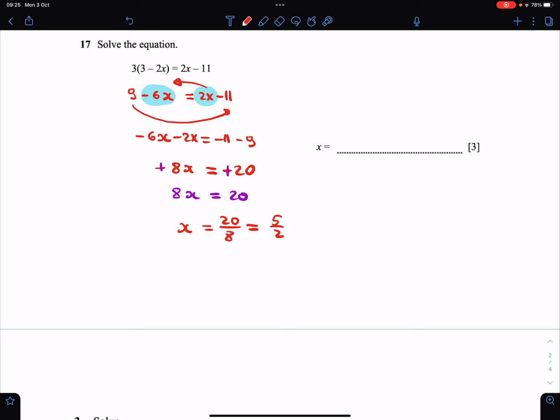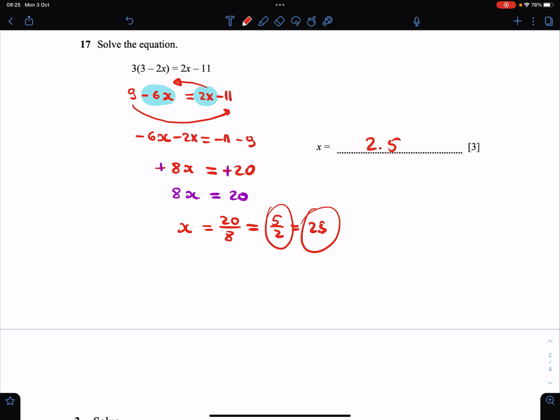So 5 over 2, I can leave as this one or convert it to a mixed number, because I also know what 5 over 2 is as a decimal. Half of 5 is 2.5. I'm saying again that this is also a correct answer. 2.5 is also fine, because it's easy to divide 5 by 2.